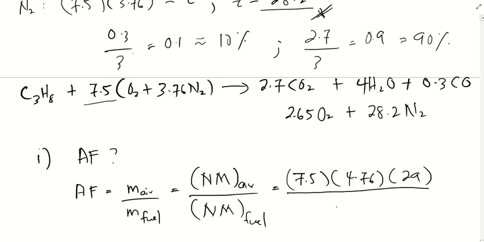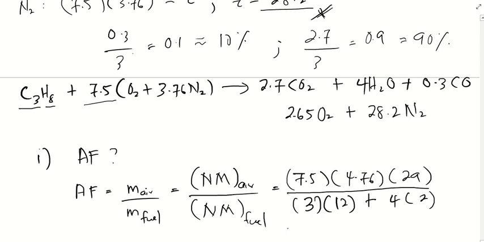Next, calculating the fuel: we have 3 kilomole of carbon, so 3 multiplied with 12, the molar mass, and then we solve for H. So we take H2, which is 4, and the molar mass is 2.